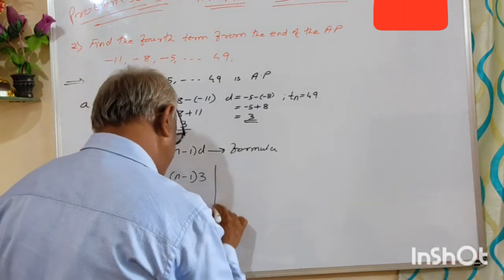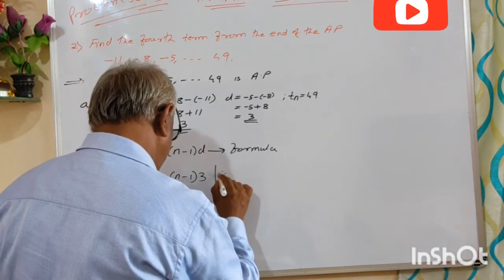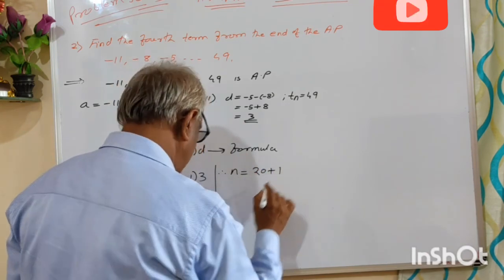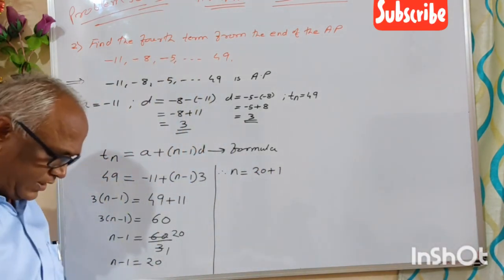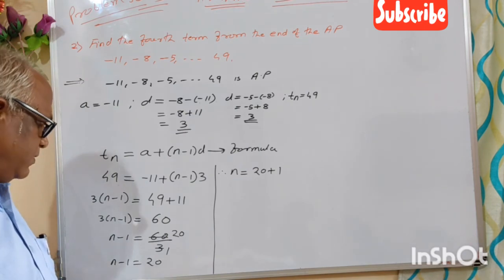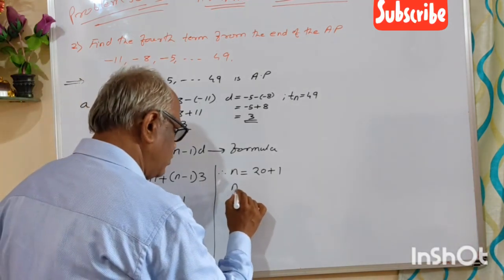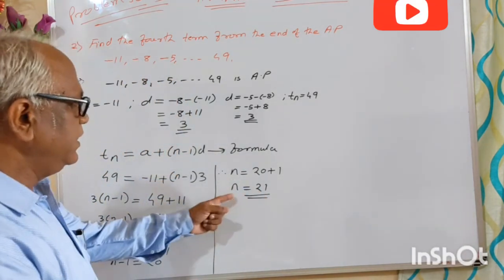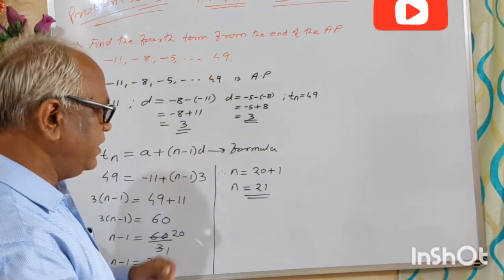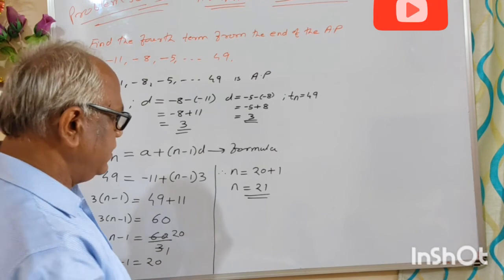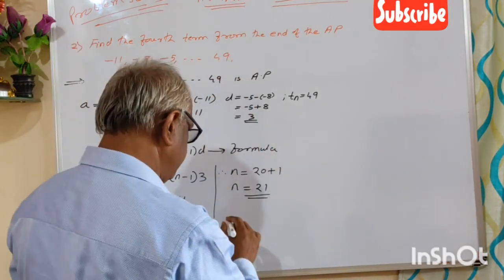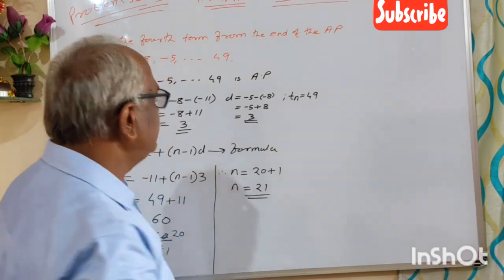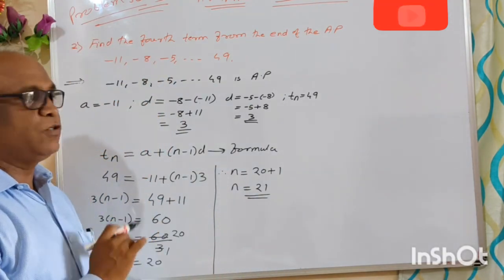Therefore n is equal to 20 plus 1. This minus 1 is shifted to the other side, it becomes plus 1. So n is equal to 21. That is, the nth term is the 21st term. Now we were told to find the last fourth term.